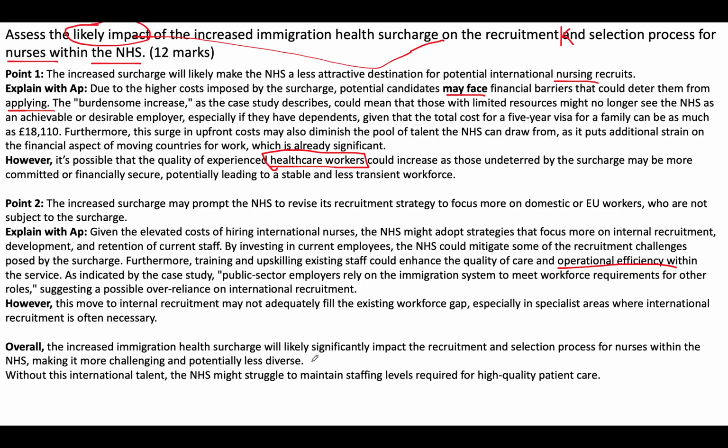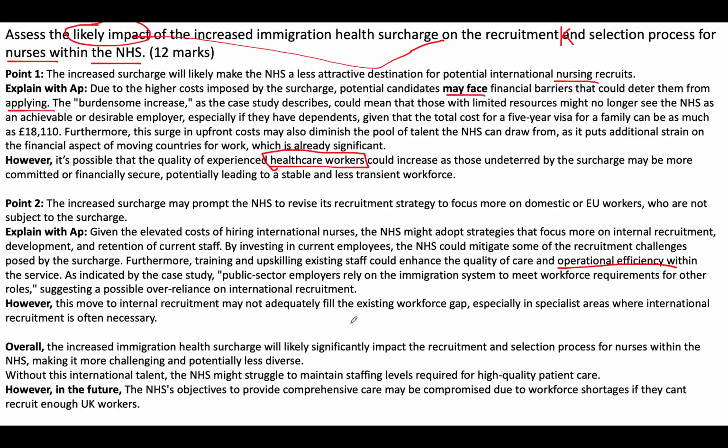Then we think about our justification, which is sort of thinking about the alternative here. Without this international talent, the NHS might struggle to maintain staffing levels required for high quality patient care. It brings it back to the aims and objectives of the company, in this case the NHS. Now, I haven't thought of MOPS for all the different MOPS factors here, but an example of a potential MOPS could be here.